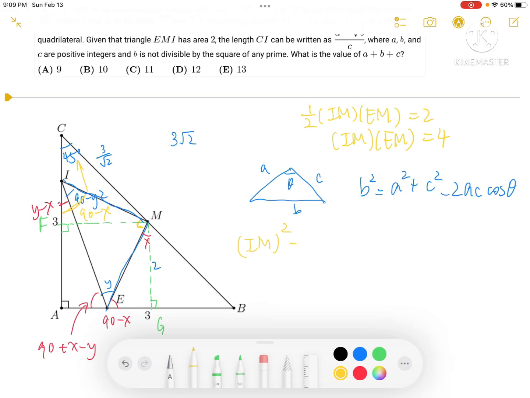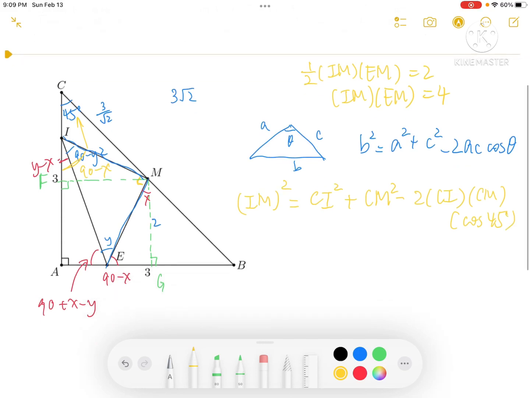So we can write that IM squared is equal to CI squared plus CM squared minus 2 CI CM cosine 45 degrees. IM squared is just equal to 4, and CI squared is what we are trying to find.